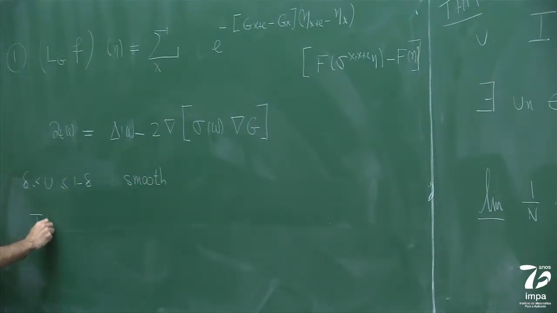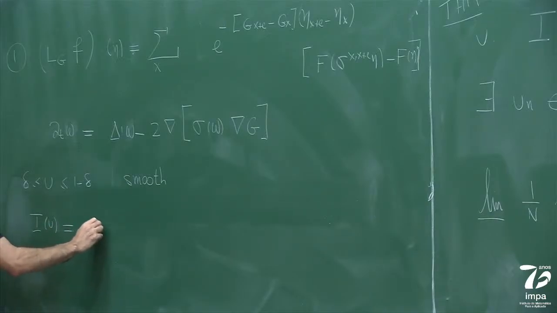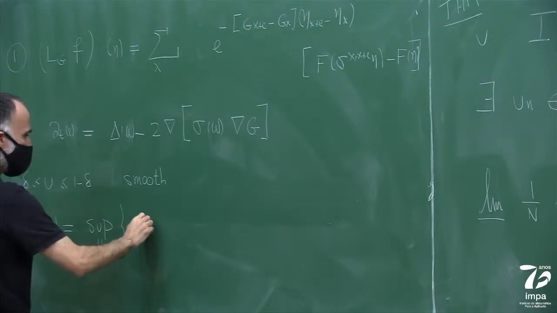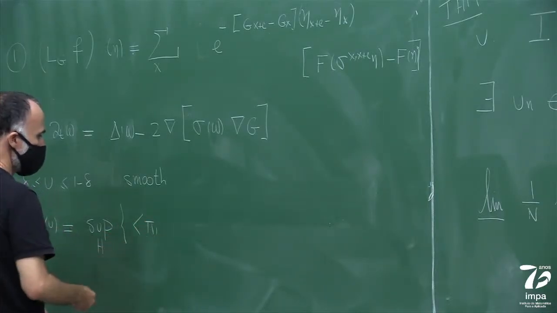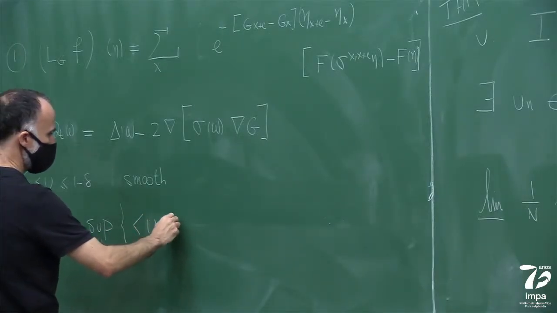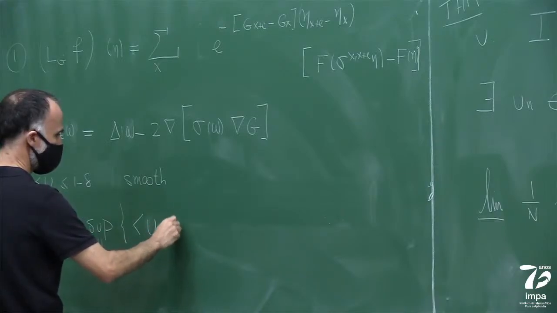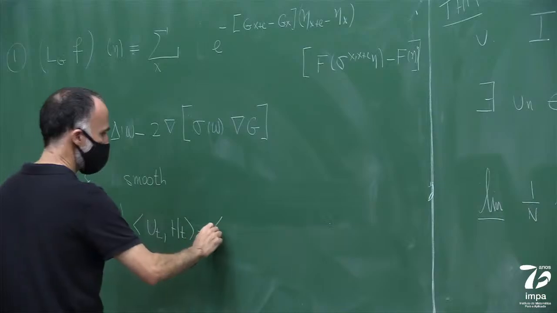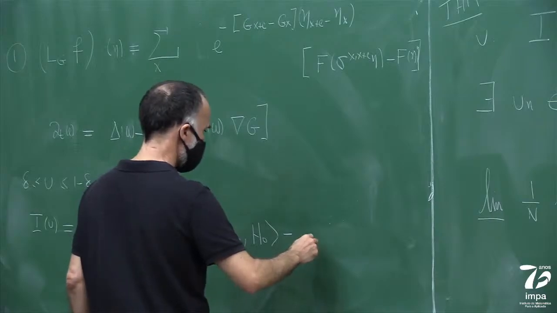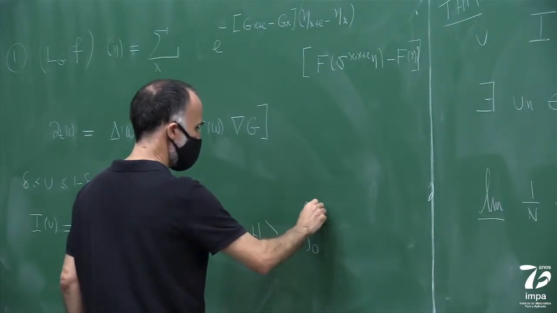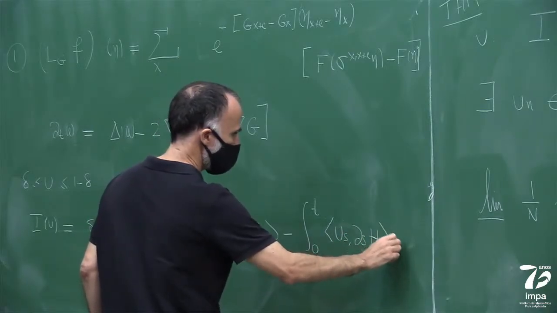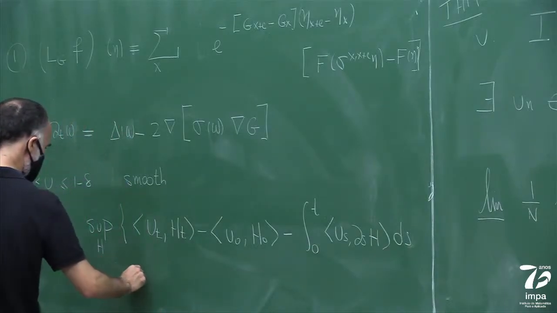And I of u was given by the supremum over all functions H of pi, okay, u_t h_t minus u_0 h_0 minus, okay, let's, yes, minus.